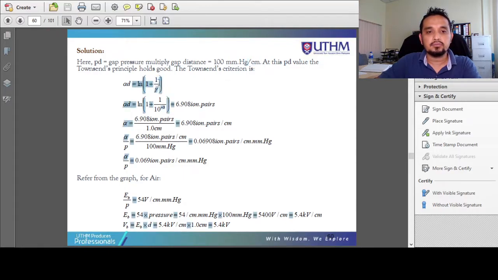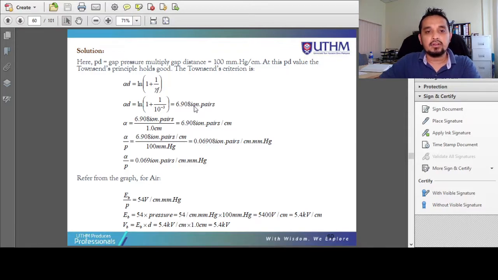We just use the formula. So alpha D is equivalent to ln of 1 plus 1 over gamma. Gamma is given as 10 to the minus 3. So we will have alpha D equivalent to 6.9 ion pairs.